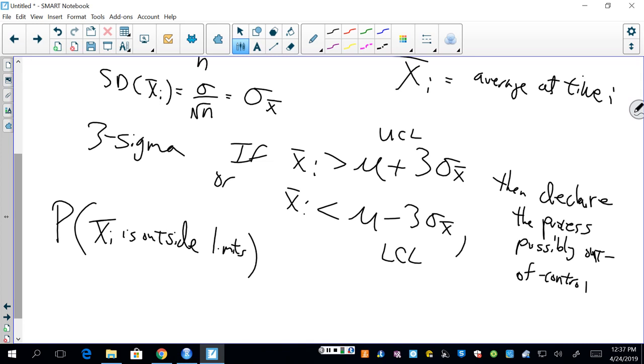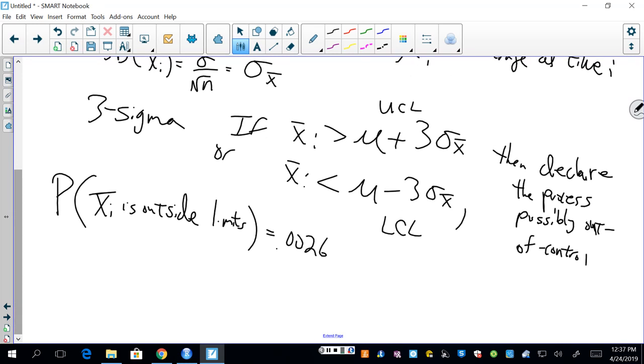Well, the chance that a normal is outside of its 3 standard deviation units is about 0.00226, right? So less than 1%, a quarter of a percent. Where does that come from? So anyway, we'll say that on the next page where there's more space.